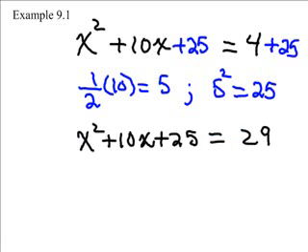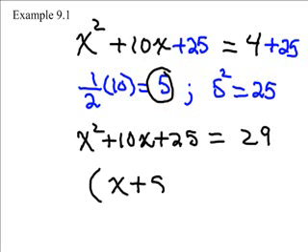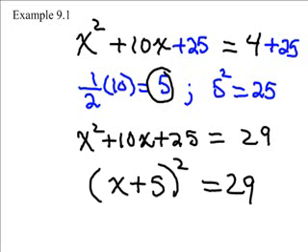Now, the trinomial on the left-hand side is a perfect square trinomial. I know that because I've just completed the square. So you take this term, it's a positive 5, and that's what you get. You get x plus 5, quantity squared, equal to 29. So we're going to use the square rooting property.